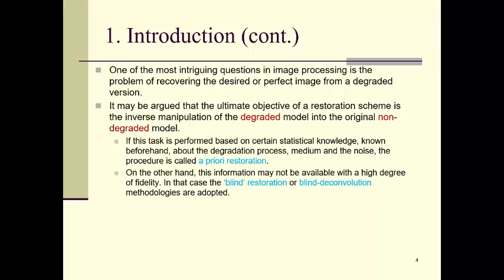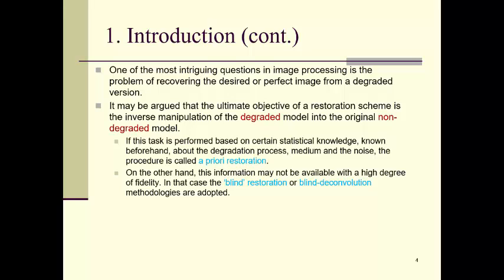Okay? Like for example, for the motion blurring, we need to specify a distance, a number of pixels, and an angle, which is the direction of the motion. So if I have some information about these values, I can have some partial information about the h function.